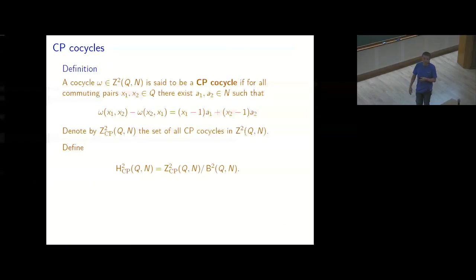So let's call these cocycles CP cocycles, and this is the definition. You take a cocycle, and you say that it's a CP cocycle if it satisfies the following property.